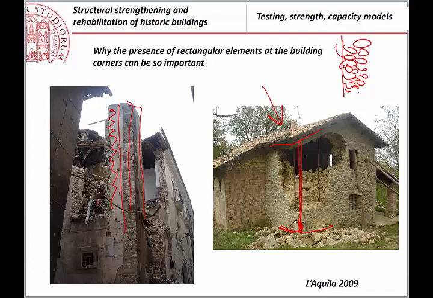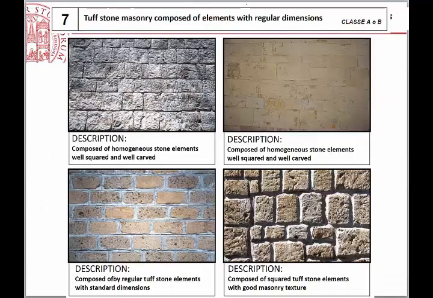In particular, in this case, there was also the corner of the roof, which was supporting over the masonry, and you see that there was a full collapse of the weakest part of the building, which was the corner. If instead the corner was realized with big blocks, very well organized, this would instead be a strong point for the construction.